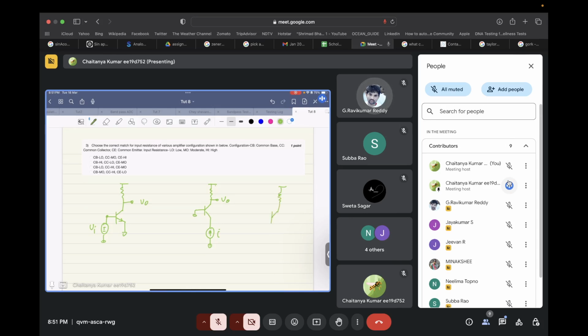So first thing over here, can you tell me which is circuit 1?